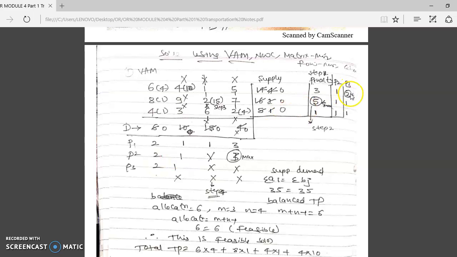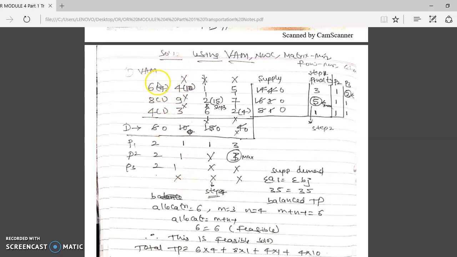Okay, if I select this one, out of these two the smallest element is 4, so allocate the value. Supply is 14, demand is 10, so give 10 here. This becomes 4, this becomes 0. That is, if I give 10 here, 14 minus 10 is 4, 10 minus 10 is 0. So if 0 is there, don't consider this for the next iteration.